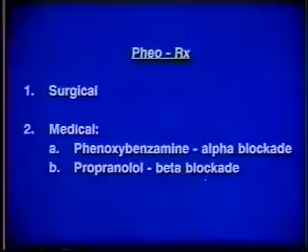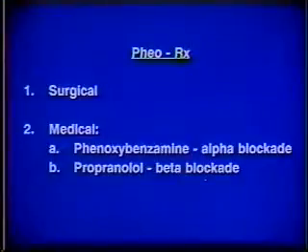So if the patient cannot be treated surgically, we might be able to control its hypertension with a drug known as phenoxybenzamine, which works by alpha-adrenergic blockade. If the dog has a tachyarrhythmia, we could treat it with propranolol, which is a beta blocker.